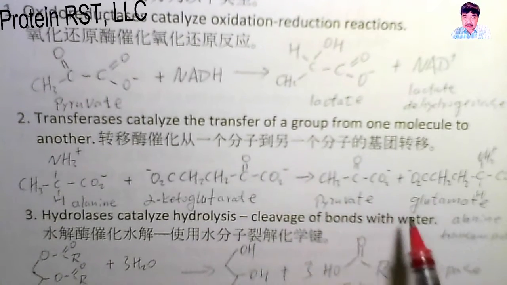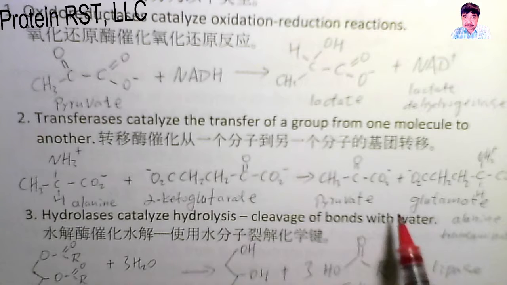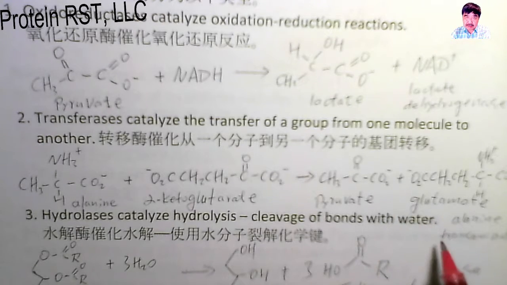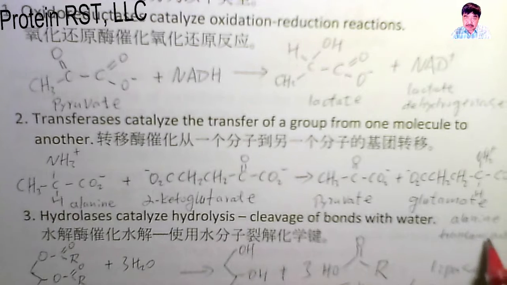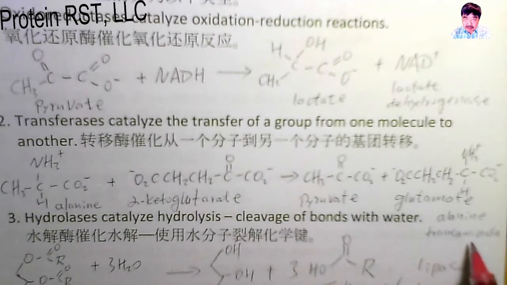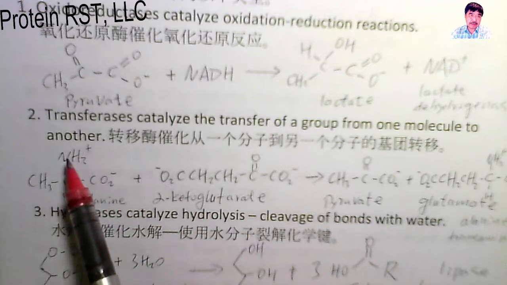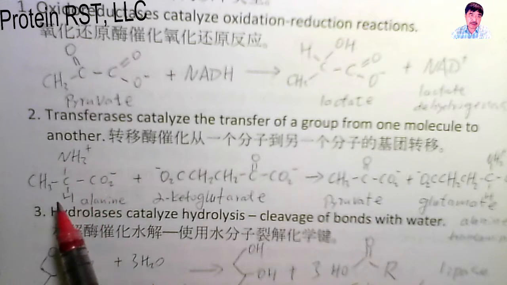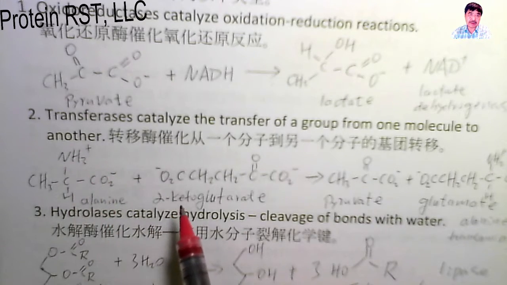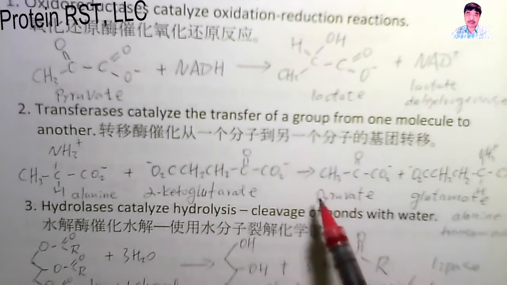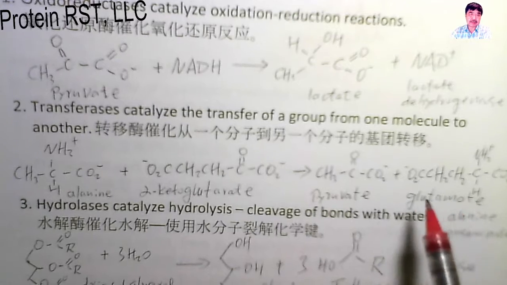This is called alanine transaminase. Basically, this enzyme transfers the amino group of alanine to alpha ketoglutarate, becoming pyruvate and glutamate.